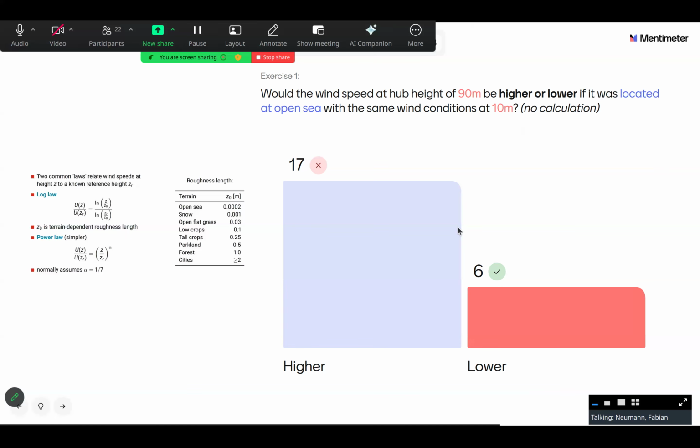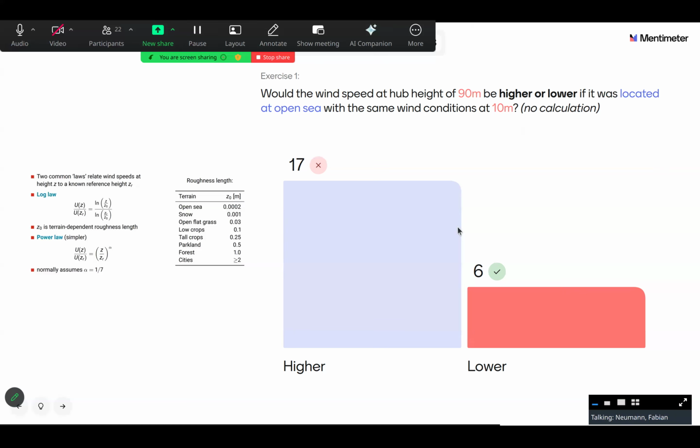If I now change to a low braking land class like open sea, then the wind speed at ground level will not be much less than at 100 meters, because there's no braking effect.